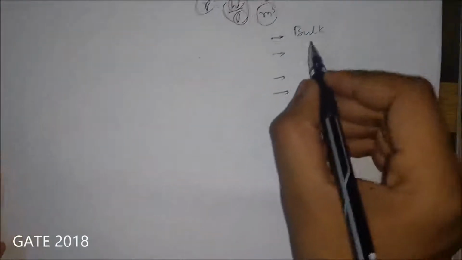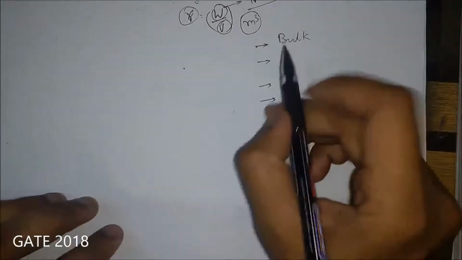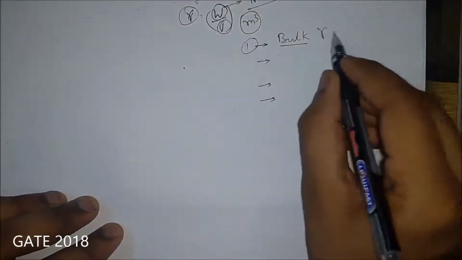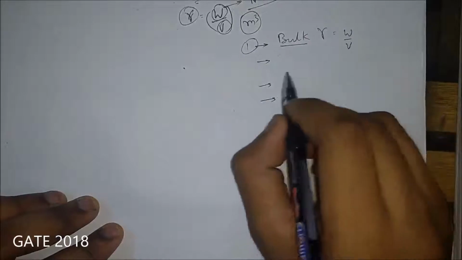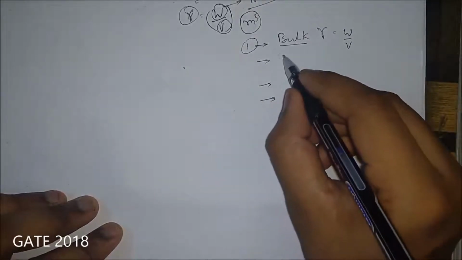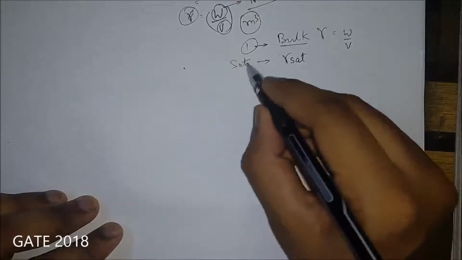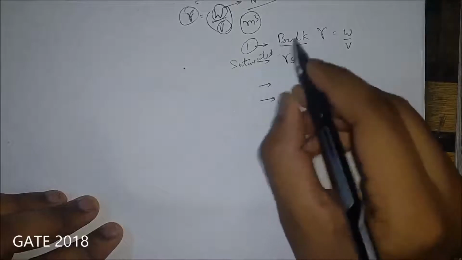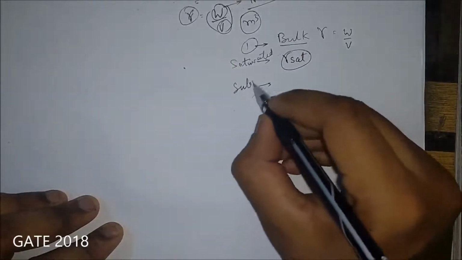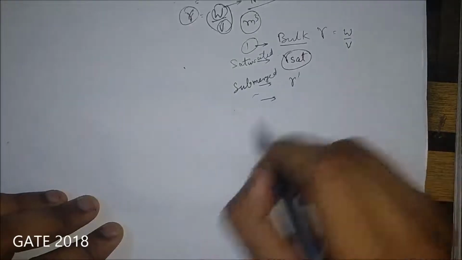Now I'm going to define some types of unit weight, such as bulk unit weight. First type, bulk unit weight, is given by gamma, which is defined as weight by volume. This is a normal one. Secondly, we have saturated unit weight, given as gamma sat. Submerged unit weight is given by gamma dash.